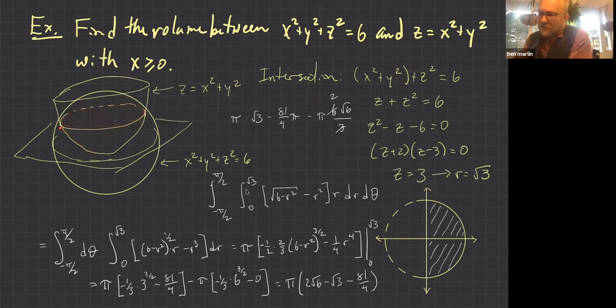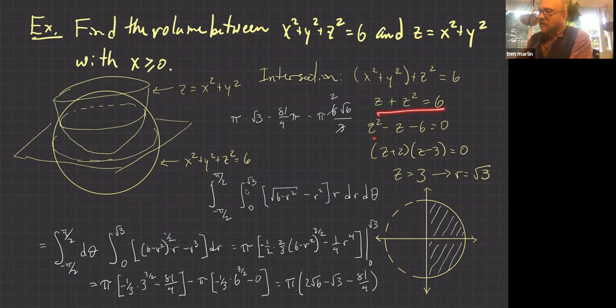And then we have to think about projecting that down onto the xy plane and figuring out our region of integration for that, okay? So this volume here, we mainly need to think about the intersection. And with that, we're going to take the x squared plus y squared plus z squared equals 6. And we're going to replace the x squared plus y squared with just a z, because we have the surface z equals x squared plus y squared.